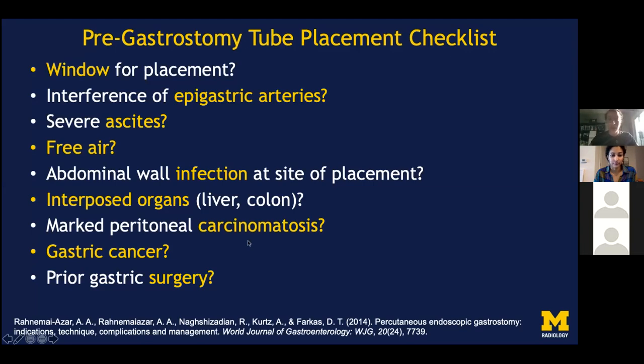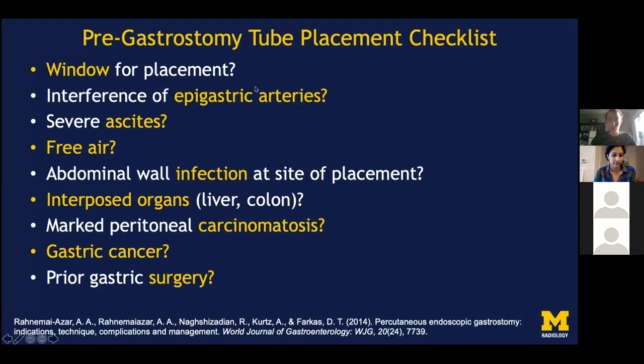The reason I did that is at Michigan, we actually use CT with oral contrast and without IV contrast prior to percutaneous gastrostomy tube placement, but I know that that's not necessarily the norm. But if you ever come across such a study, this is what you might consider. So is there a window for placement? Are the epigastric arteries in the way?